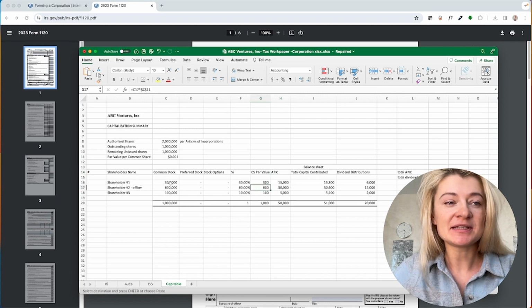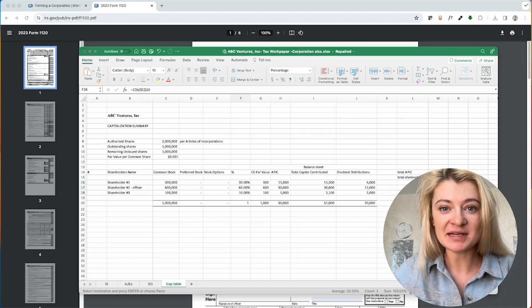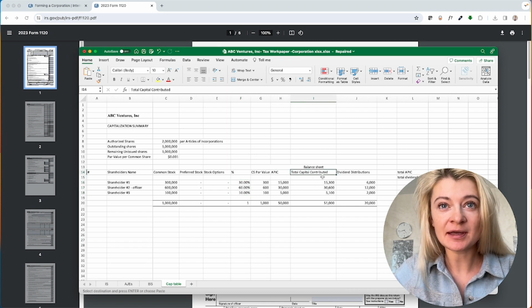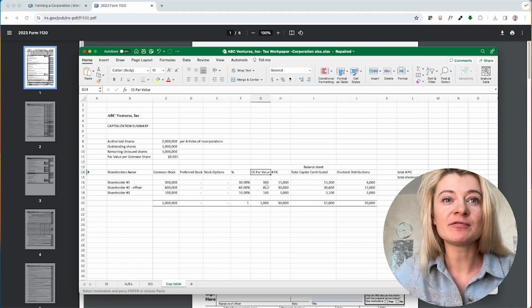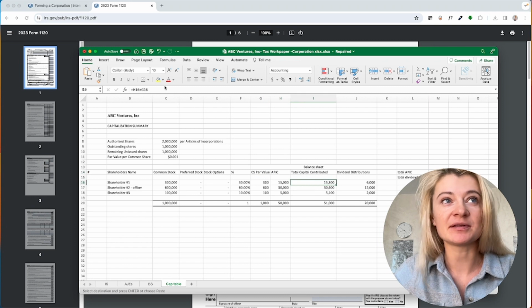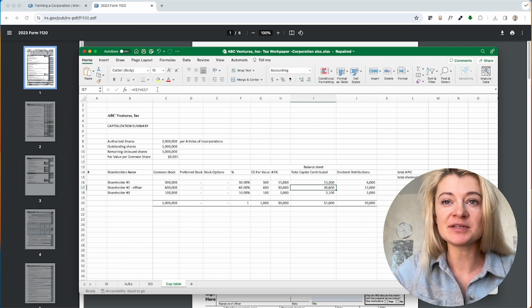Those would be their percentages, and they are based on their additional paid-in capital. Total capital contributed is the sum of the common share par value plus additional paid-in capital, so this is the sum of those two numbers.